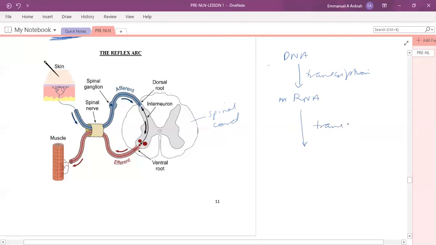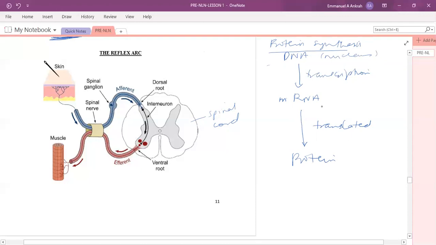We use the word translated. It's translated to protein. Okay, that's how protein synthesis occurs. And we know that the DNA is in the nucleus. Remember this one, the nucleus? DNA, the genetic material, is in the nucleus, right? So the nucleus is involved.